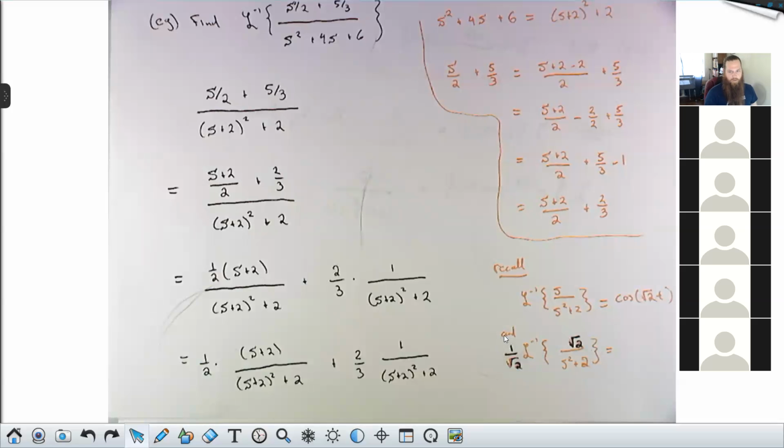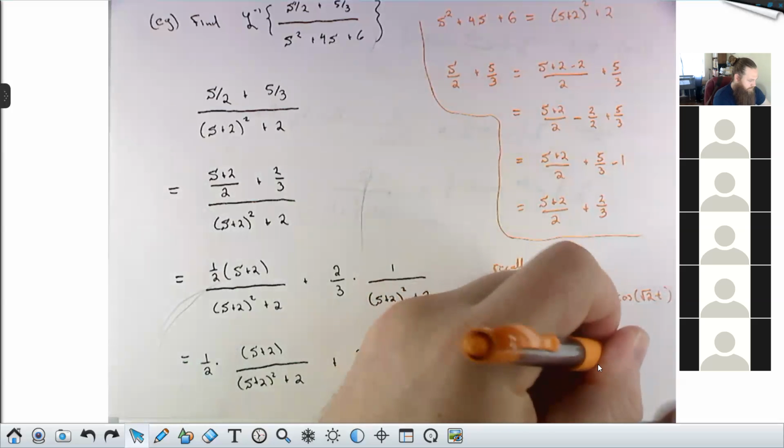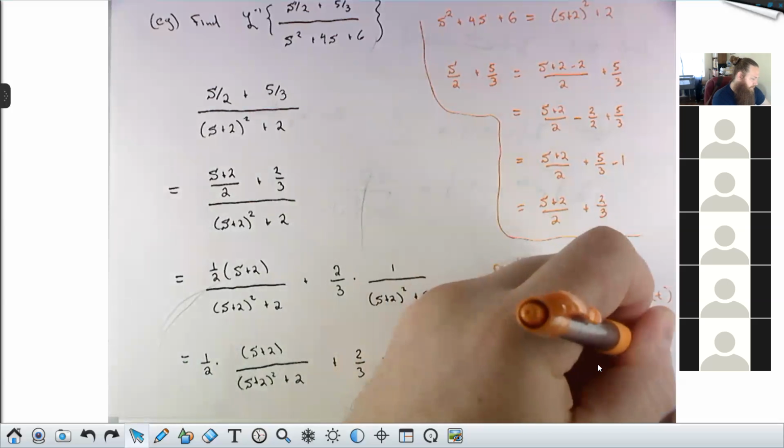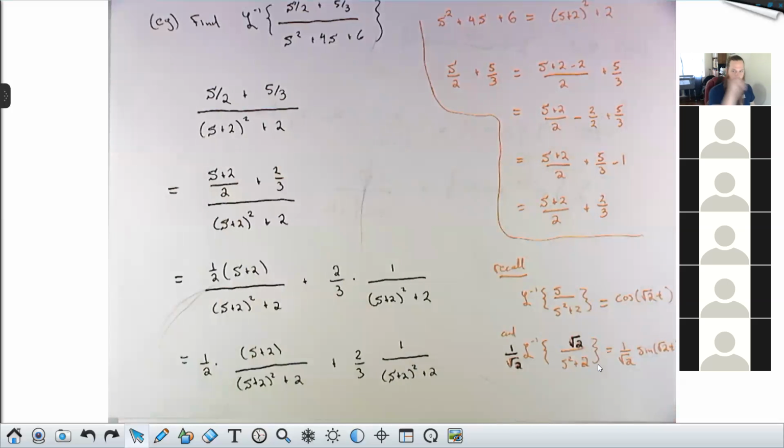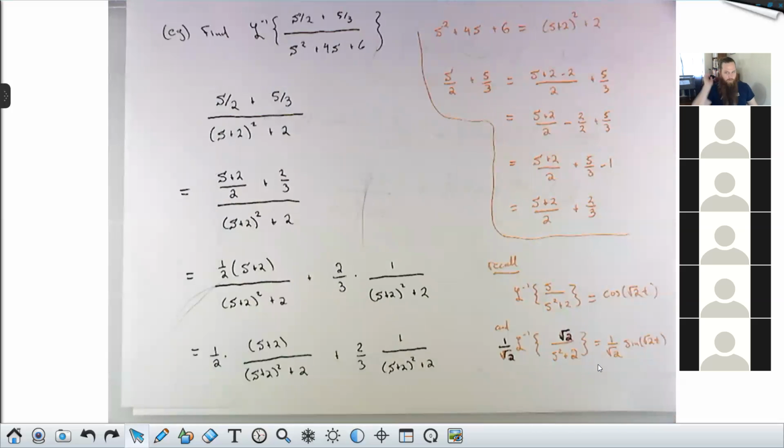So this really is the Laplace transform of 1 over s squared plus 2. And that means since the inside thing now I recognize as the Laplace transform of sine root 2t, this is going to be 1 over root 2 times the sine of root 2t. So a little tricky, but not impossible. Now we have everything we need.